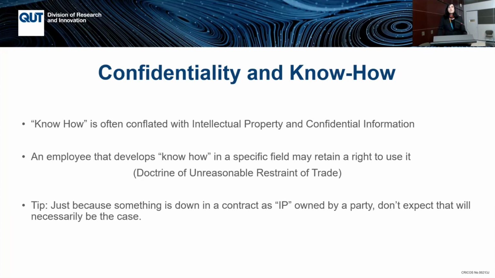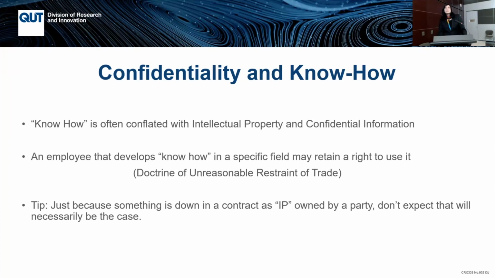In the law, we have this doctrine of the unreasonable restraint of trade, which will get involved and prevent know-how from being constrained in a particular individual. So as an example, say that you've got a medical practitioner, he has done a clinical study and has learnt a bunch of stuff about a particular condition or a particular set of treatment.